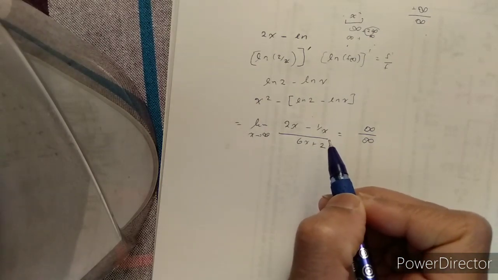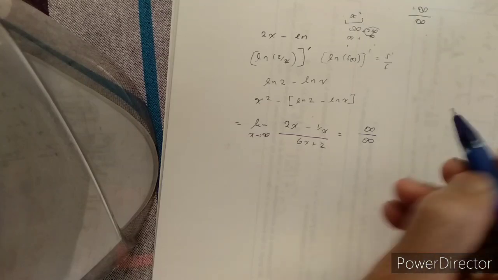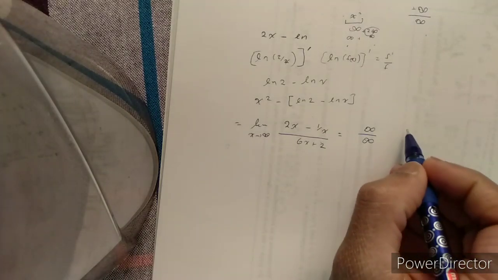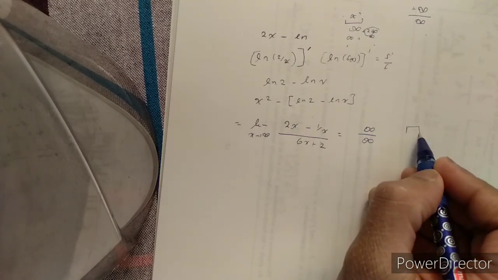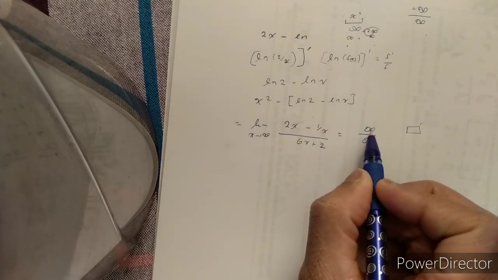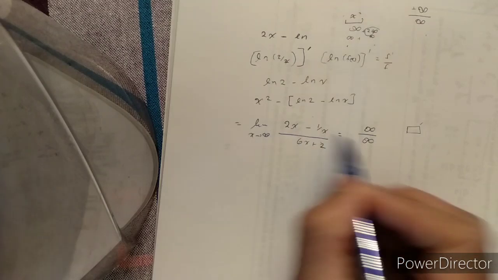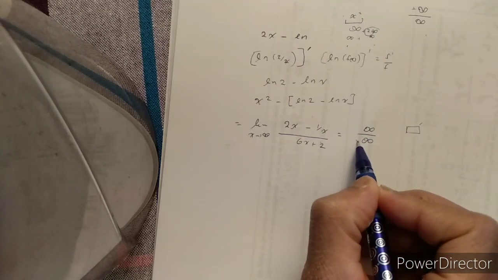And in the denominator also you will have infinity plus 2. Don't consider infinity as a number. It's just a notation for a very large positive value. Right. So here again we have the category required for L'Hopital's rule.